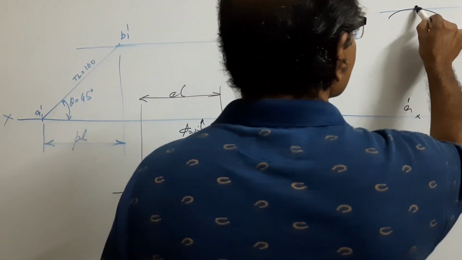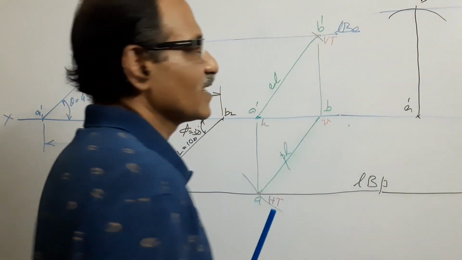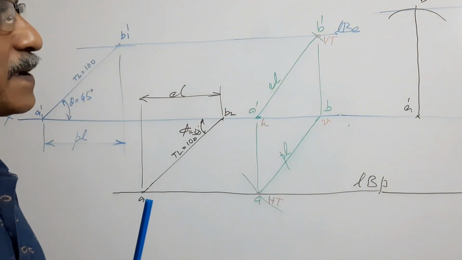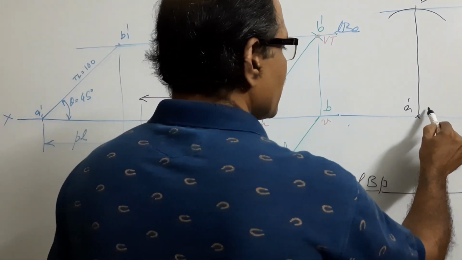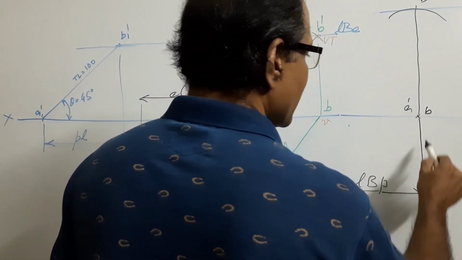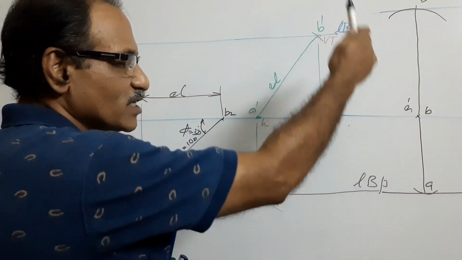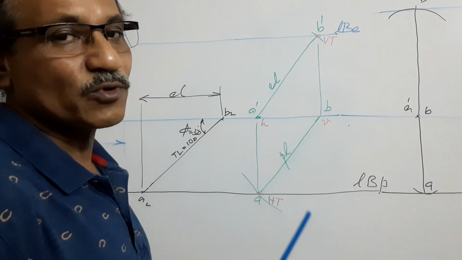As a result, this is B dash and A dash B dash becomes vertical. This itself will be B and this itself will be A. AB is the plan, A dash B dash is the elevation. Both plan and elevation are perpendicular to XY line, which means that the line is in the profile plane.